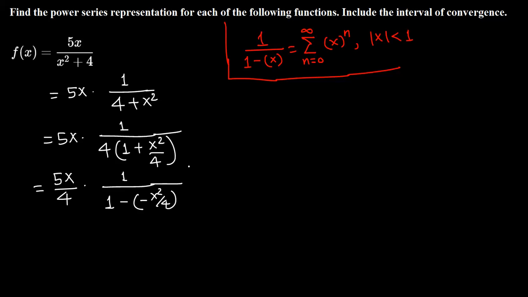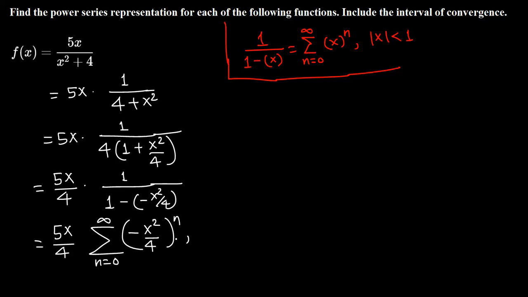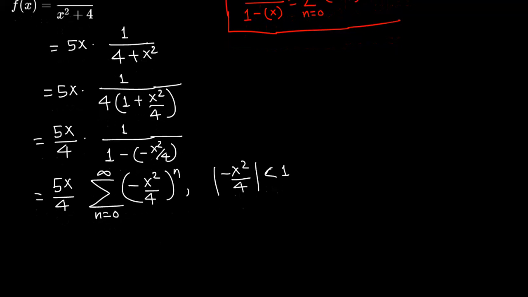Now this fraction is given by this power series, so this is the same as 5x over 4 outside. The fraction is now the sum from n equals 0 through infinity of x to the n, where x here is negative x squared over 4. So we have negative x squared over 4, quantity to the n, and this power series is valid when the absolute value of negative x squared over 4 is less than 1. Let's simplify and take these inside the sigma notation.